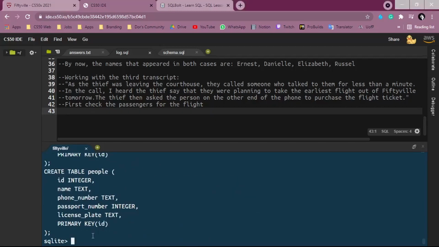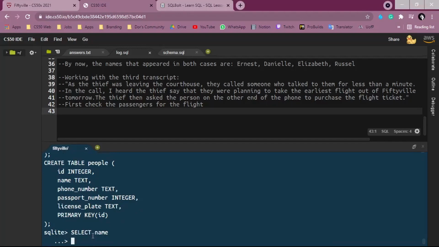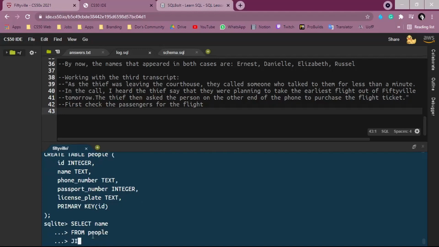To do this, we're going to say select name. Why name? Because we want to select the name from the people table. And we're going to do a join with the table of passengers on people.passport_number.